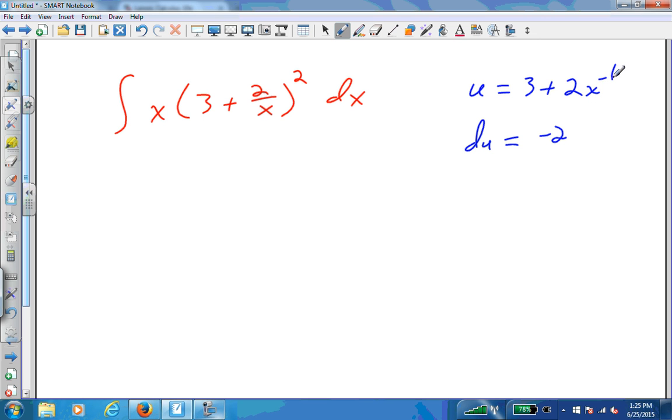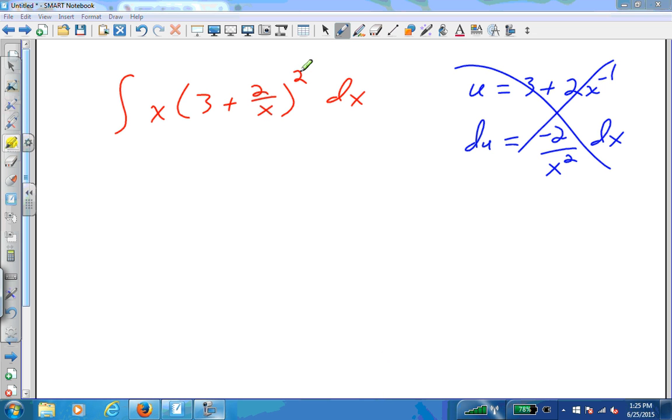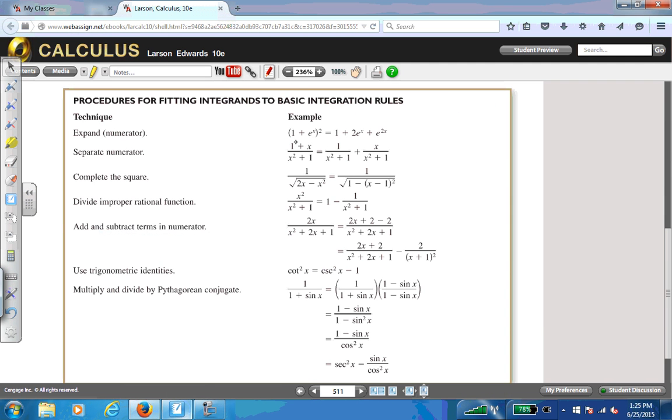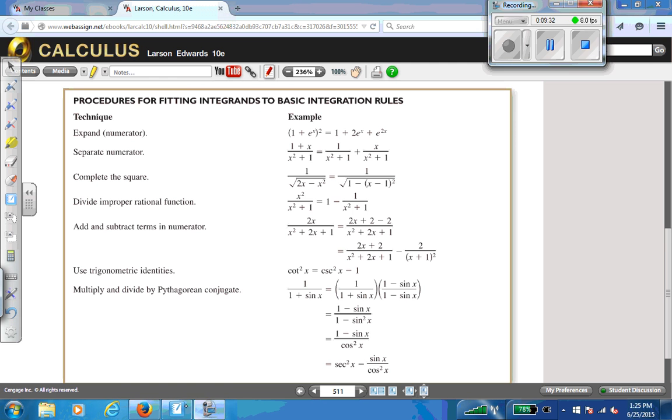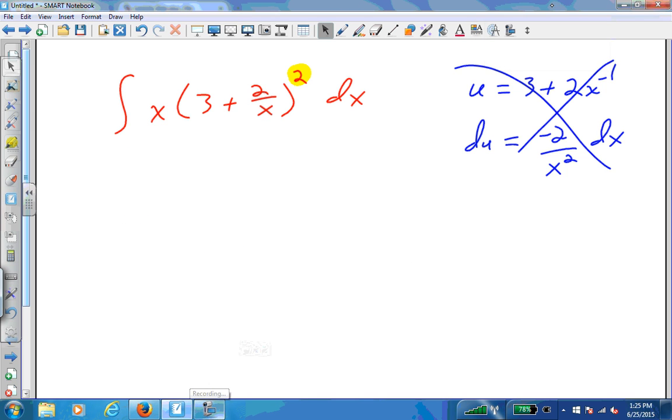So remember, bring our exponent down, x to the 1 less power dx. Well, that's not what we have outside, so maybe picking that is not the right choice. Remember, one of our options was that if we have something raised to a power and what's inside won't make u and du, then one alternative is to expand that.